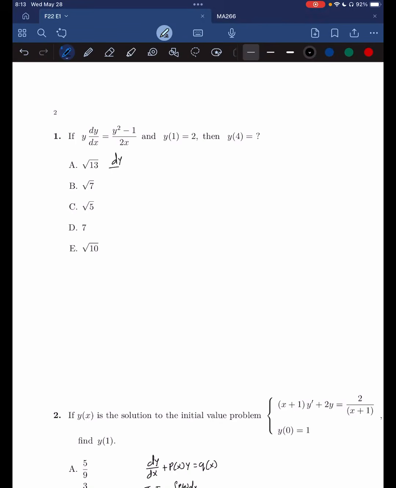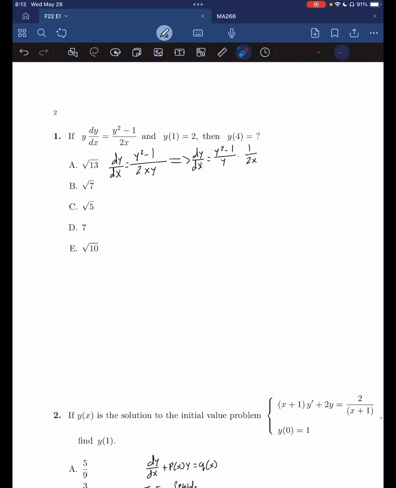So let me rearrange some terms real quick. I'm going to divide the y over, which gives me something like this. And I'll rewrite this to make something easier to see here in a second. So we can also say that this is y squared minus 1 over y times 1 over 2x. And you'll see why I do that in a second, mostly just because now we have two very explicit terms consisting of our y's and consisting of our x's.